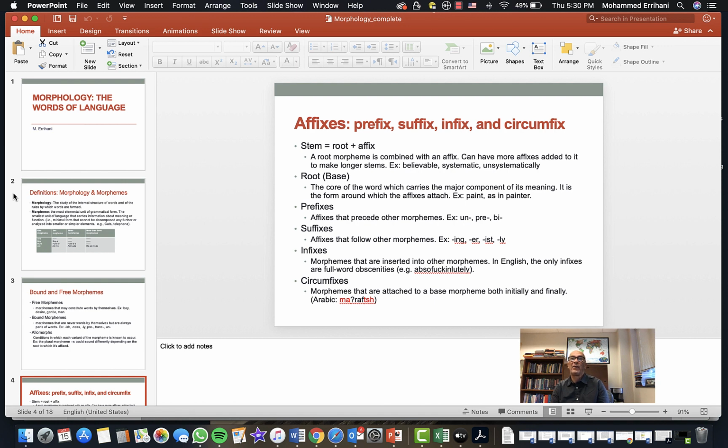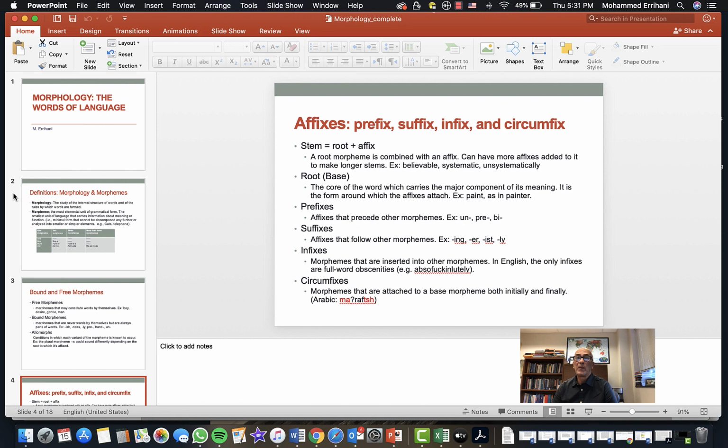You have abso and then lutely, but you have the expletive inserted in the middle for stress and emphasis, basically. But these are not very common, and therefore they don't really exist in the English language except in these contexts.